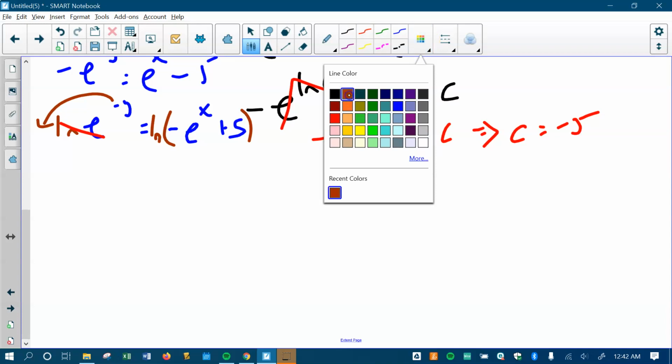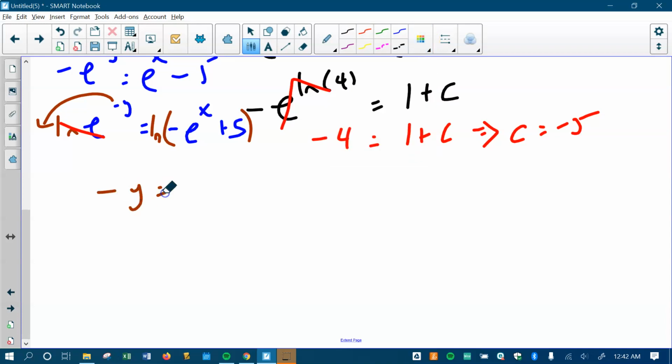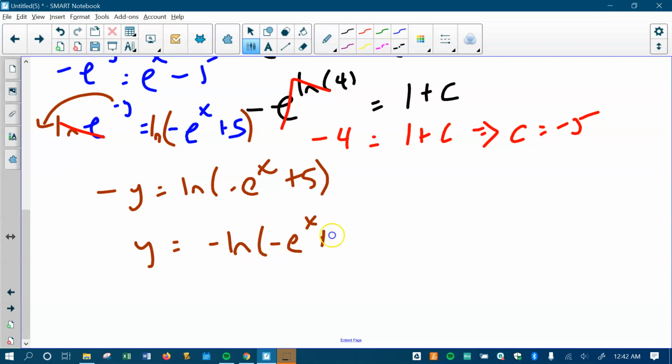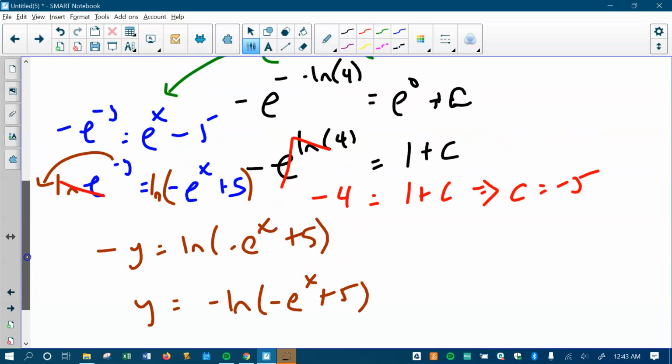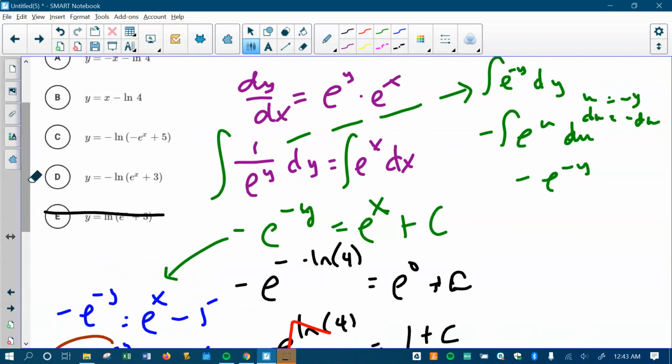So we end up getting negative y equals ln of negative e to the x plus 5. And to solve for y completely and put us out of misery on this problem, this is our answer. And it looks like that answer is going to be C. Hooray!